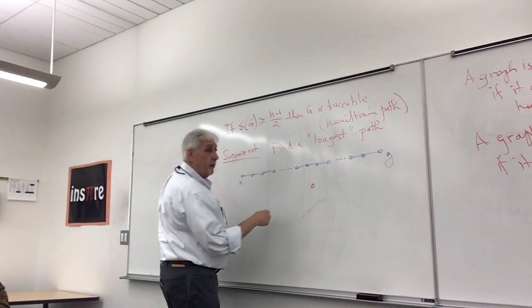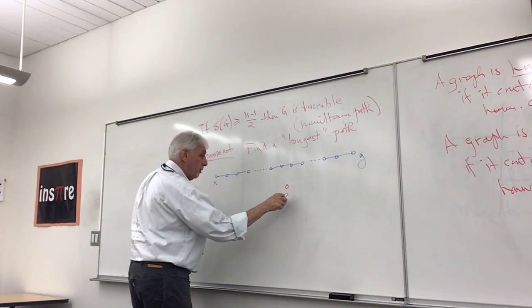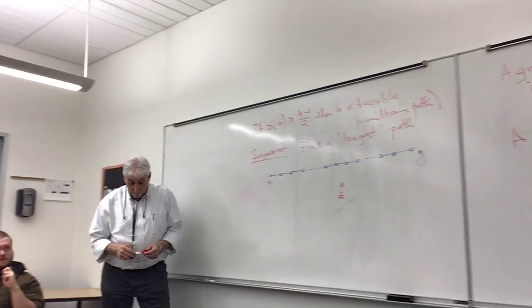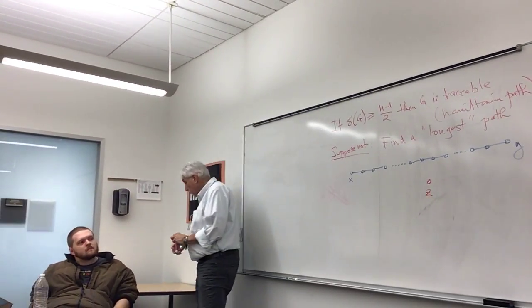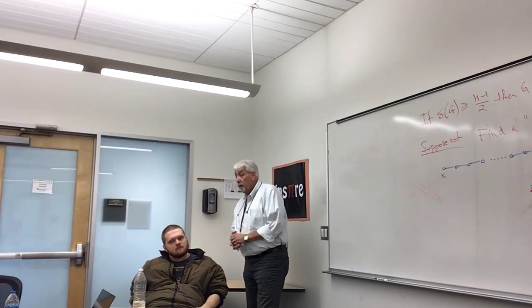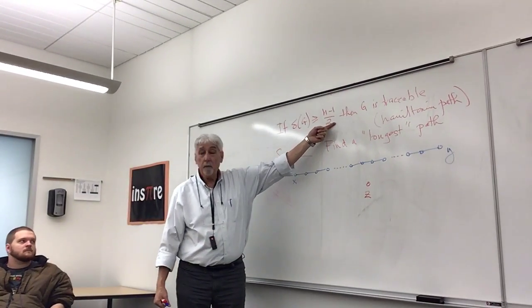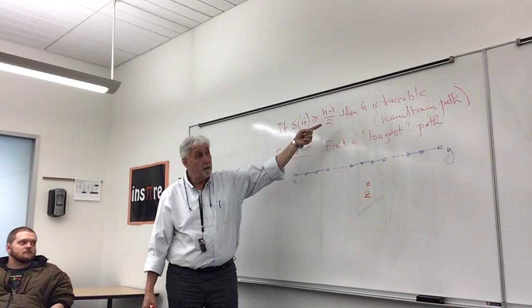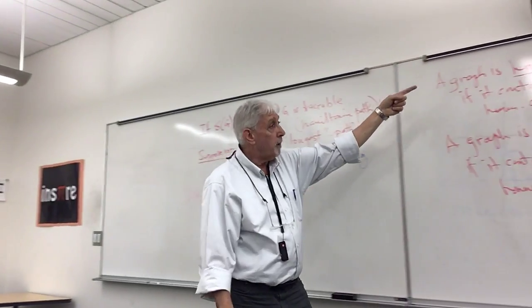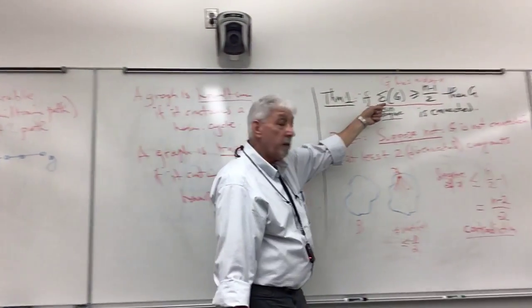So what should we call it? X, Y. Oh, here's the point Z. Z is not on that path. But I have a graph with min degree (n minus 1) over 2. And what did we show for a graph with min degree (n minus 1) over 2?